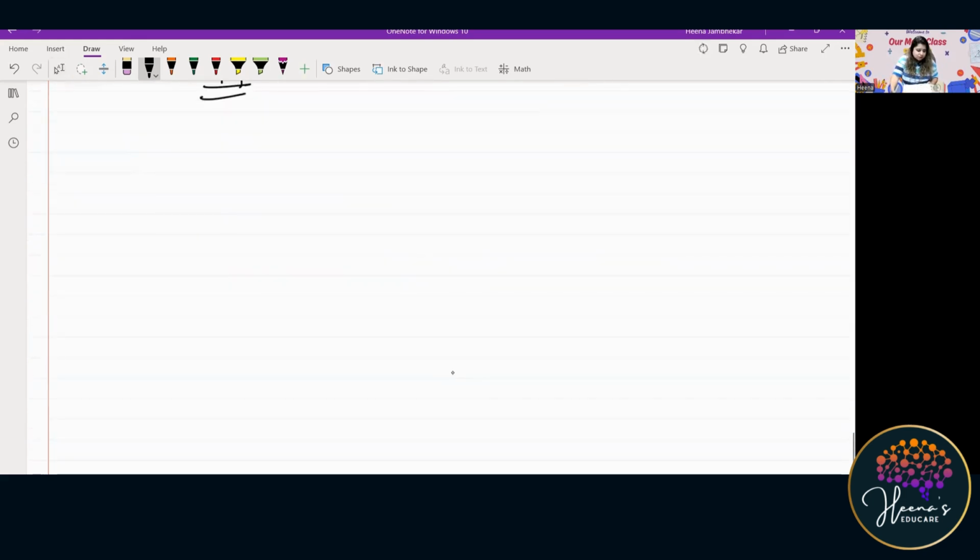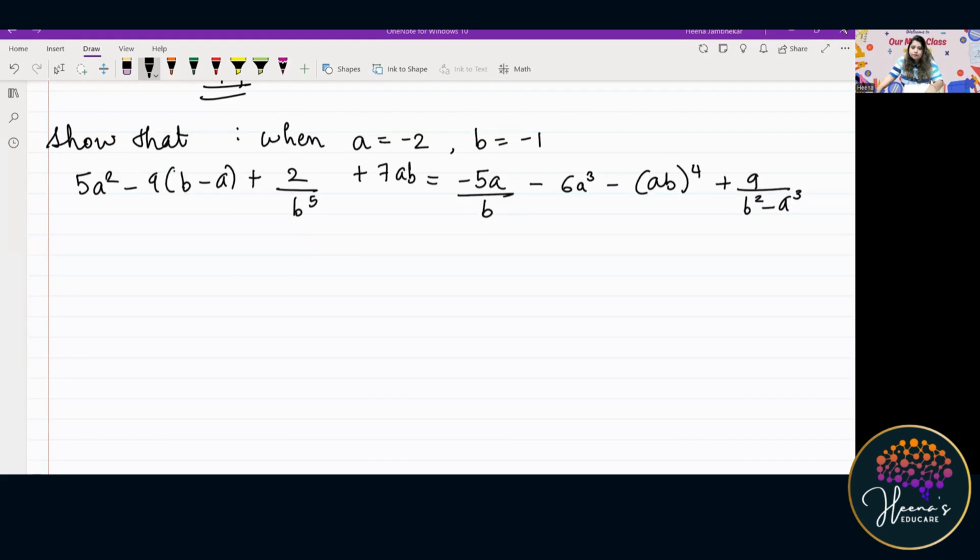Now let's go for the last question. I'll take some time to write it. Okay, so that's the question. It says show that when A is equal to minus 2 and B is equal to minus 1, then 5A square minus 9 bracket B minus A plus 2 upon B raised to 5 plus 7AB is equal to minus 5 upon minus 5A upon B minus 9A cube minus AB raised to 4 plus 9 upon B square minus A cube.